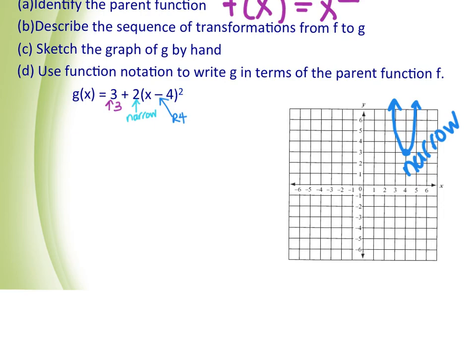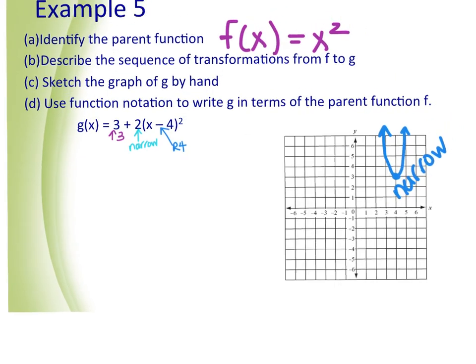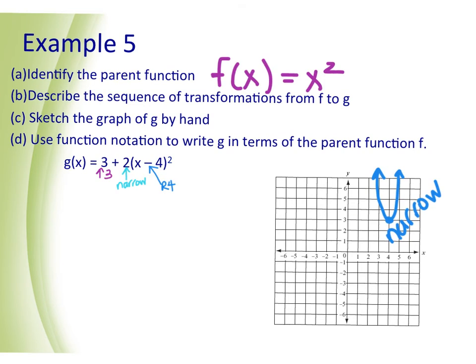So basically what I have to do is use that f of x to replace the x squared. And I'm writing one in terms of the other. So instead of the x squared, I'm actually going to write f of x. Now what am I doing to that x in my shifted function?